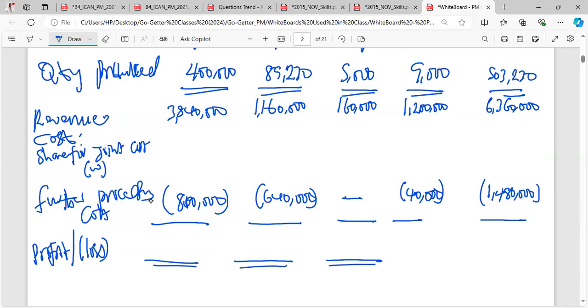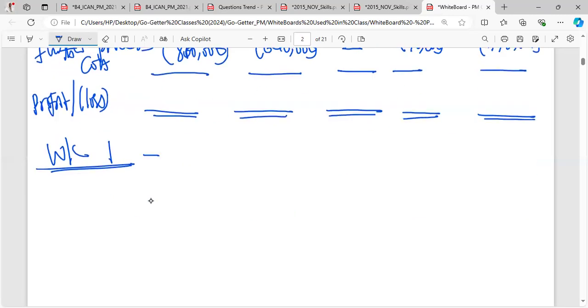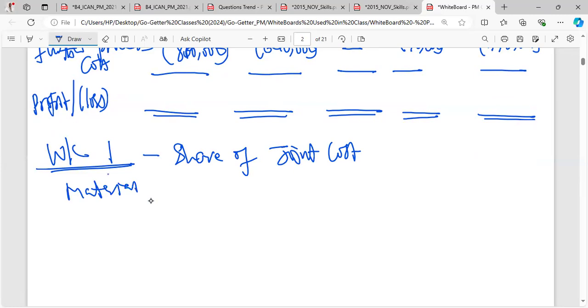So now we go down to our workings. Workings 1 is share of joint costs. We have material costs. How much is material cost?